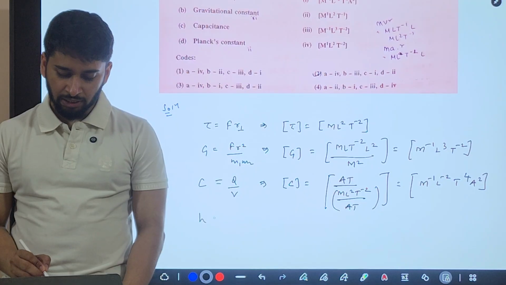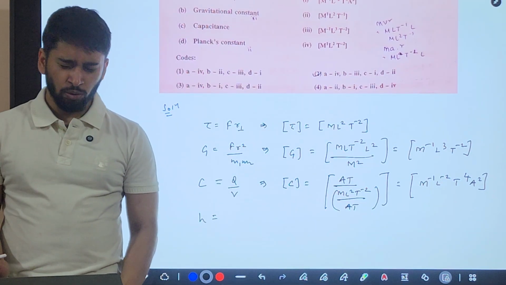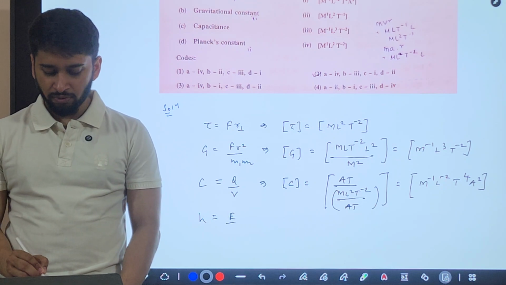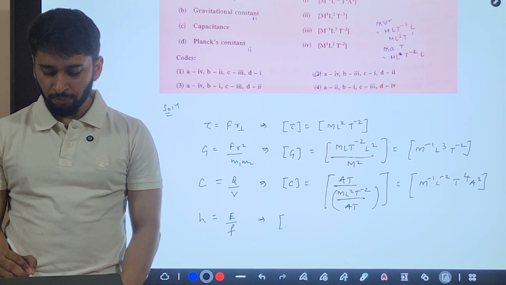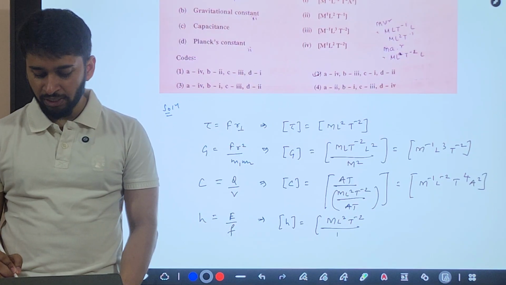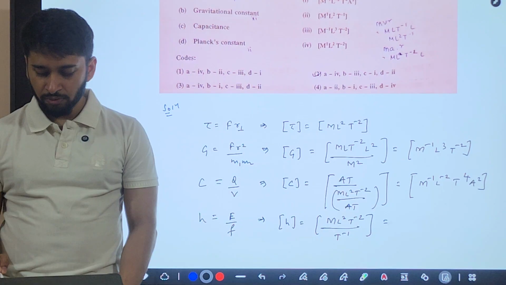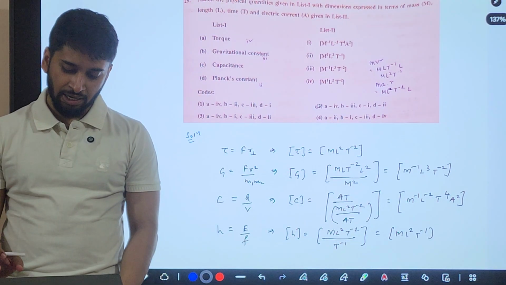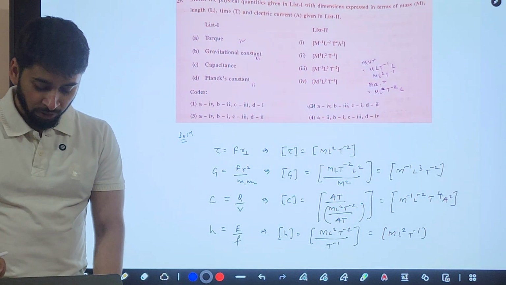Planck's constant: E is h into f, so h will become E by f, right? So dimensional formula for h: energy is ML squared T minus 2. Frequency is 1 by T, so T to the power minus 1. So ML squared T minus 1, right?